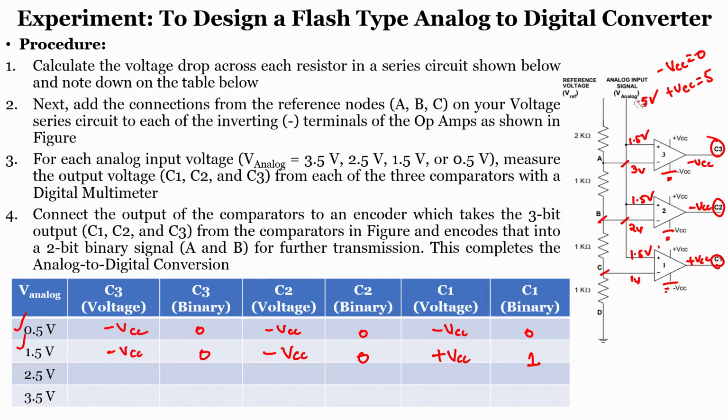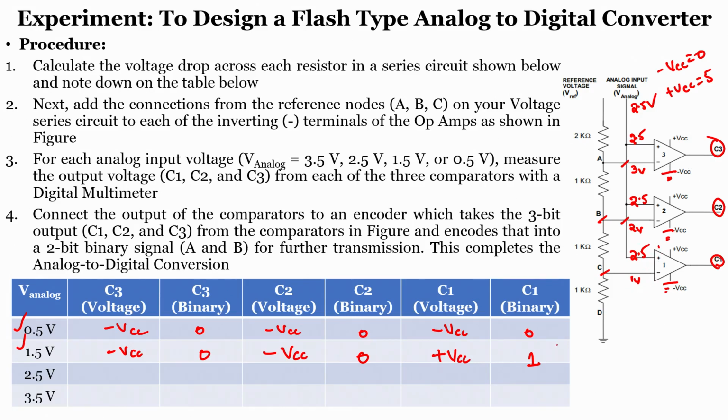What if it is at 2.5? If this is at 2.5 volts, this is also at 2.5, this is also 2.5. If you observe, now the output voltages will be completely different. When you consider the first op amp, the positive input terminal 2.5 is higher than the negative input voltage.